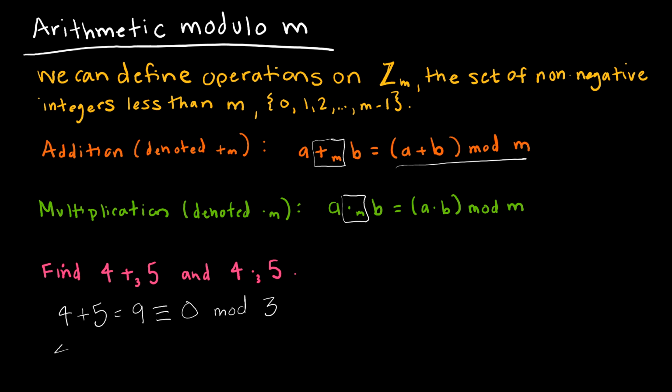If I were taking 4 times 5, that would give me 20. Again, notice I'm using an equal sign because it's just regular math. But now if I'm turning it into mod, I'm saying that's congruent to. And then 3 goes into 20 with a remainder of 2. So it's 2 mod 3. So again, just another notation you might see with the mod 3 addition and multiplication.